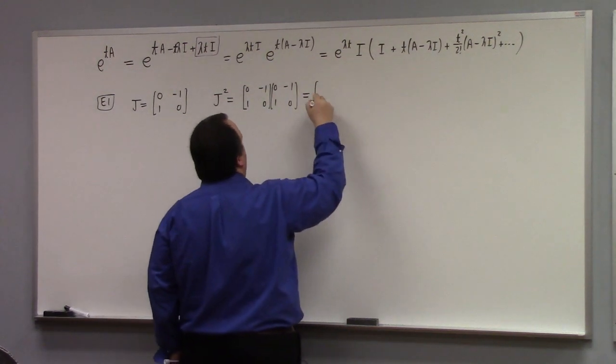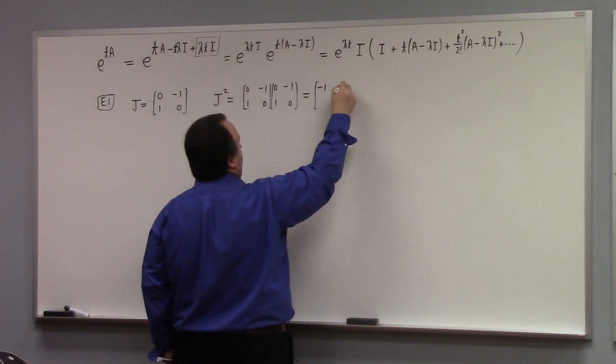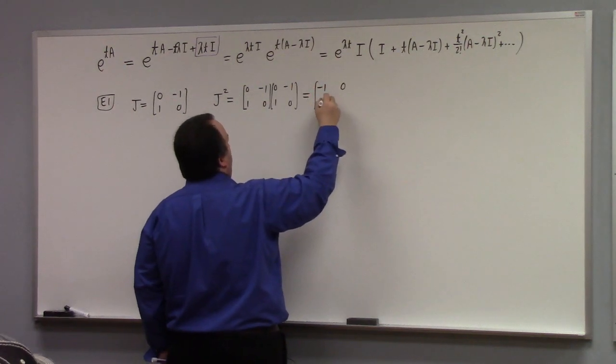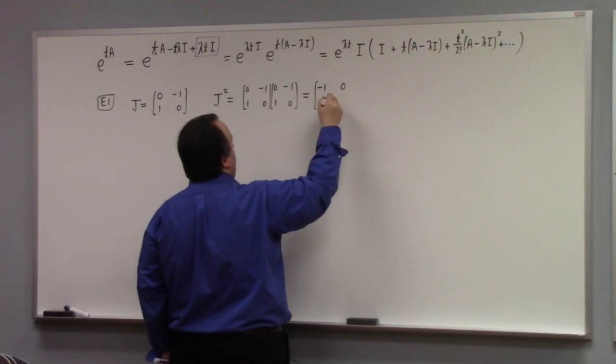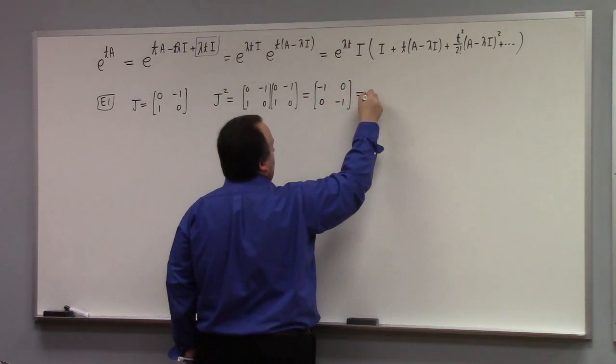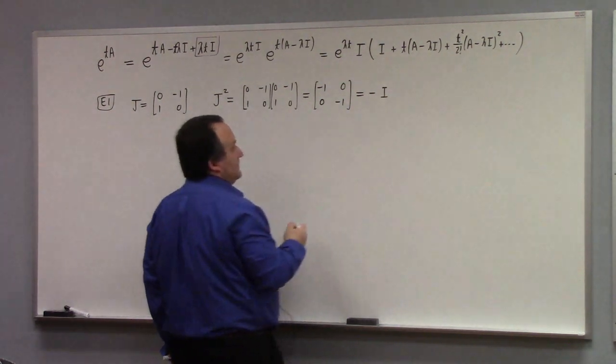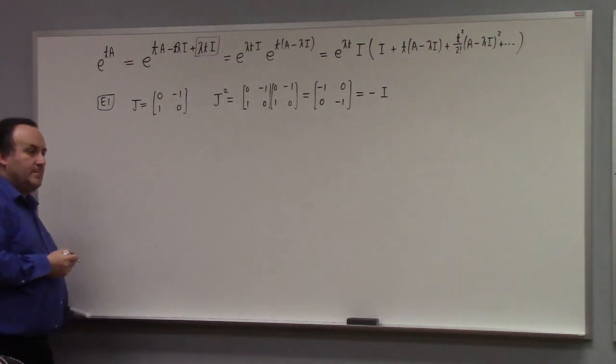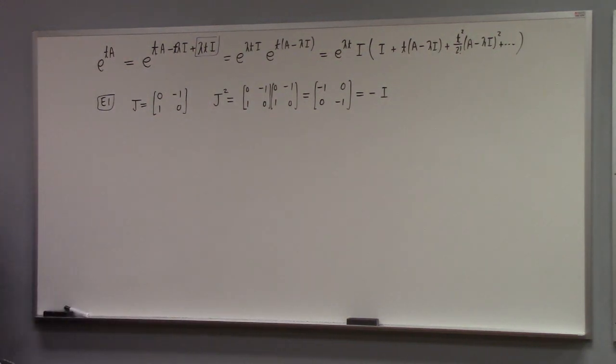Look at that. We get minus the identity matrix. So this J is a 2 by 2 matrix whose square is minus the identity.